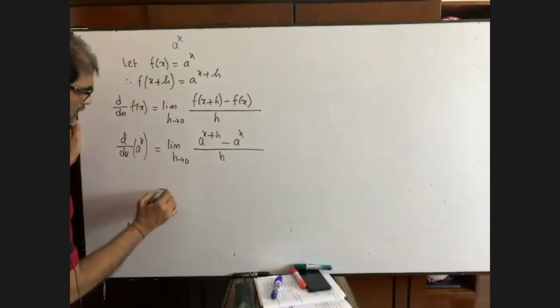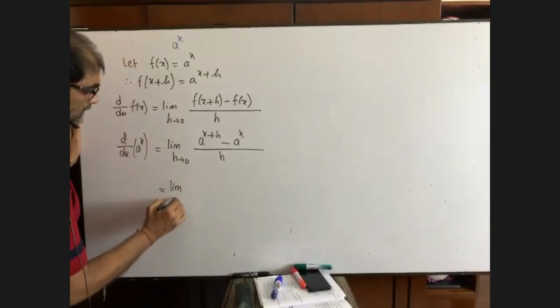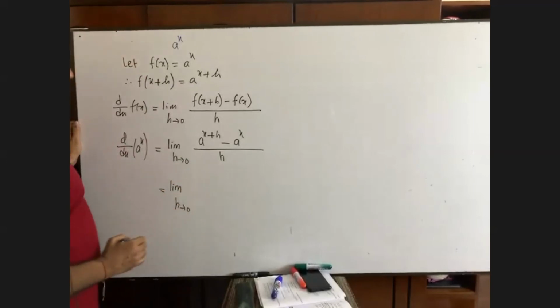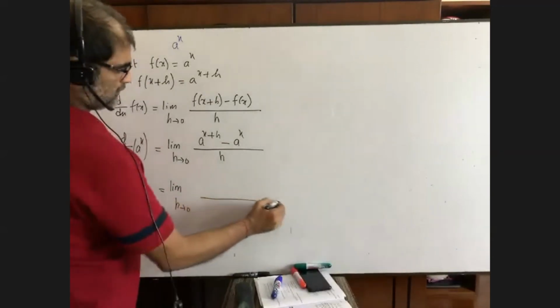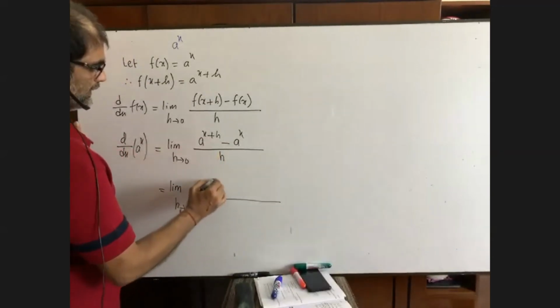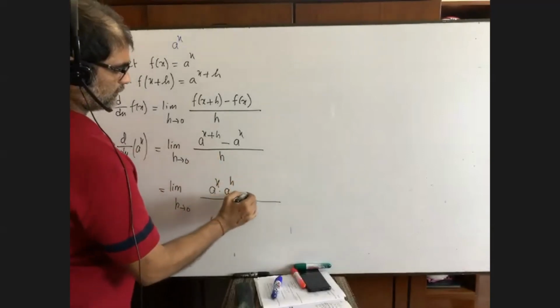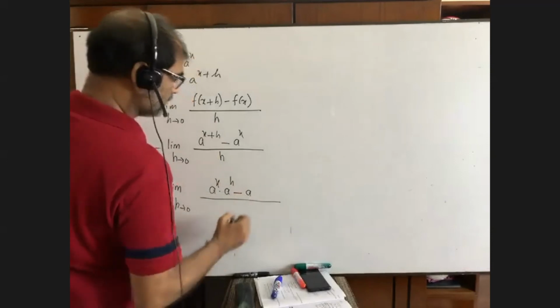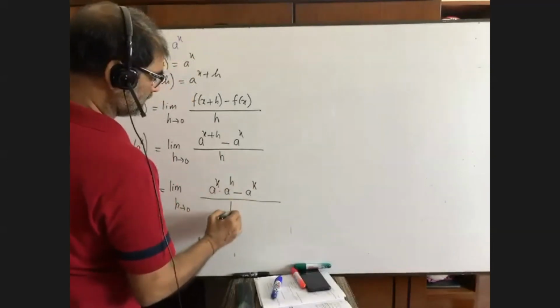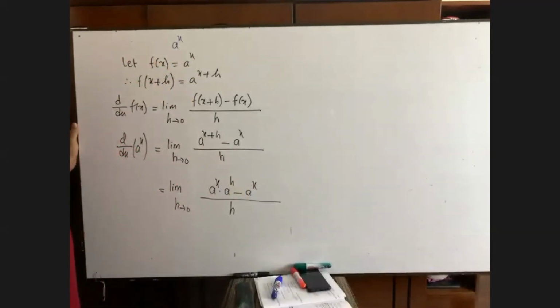What will you do? We can write down here limit h tends to 0, a to the power x into a to the power h minus a to the power x by h. Is it?